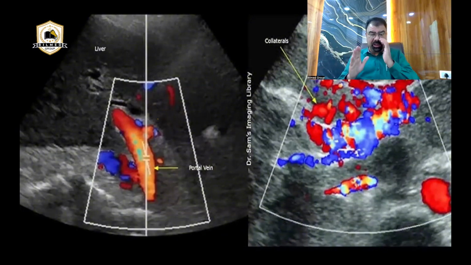Now, when you are switching from grayscale to color Doppler, the functions of the trackball also change. Whenever you put a color box over here, this color box will be, for example, this much big. Now, the question is how I can adjust it, how I can increase or decrease the box size.